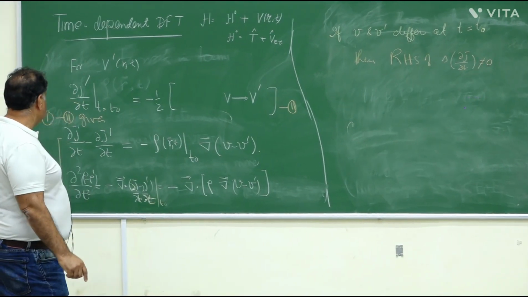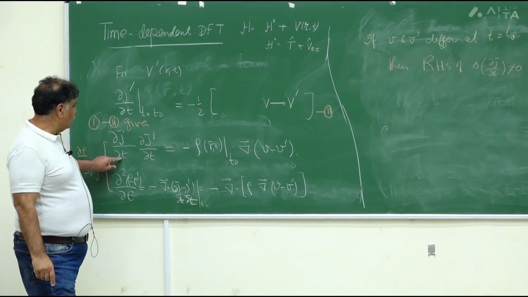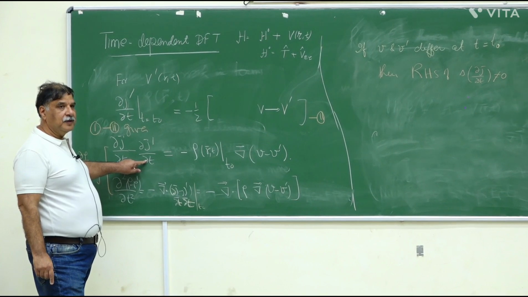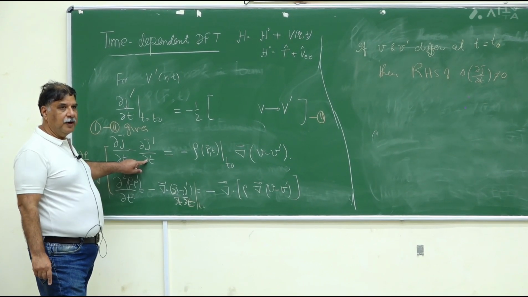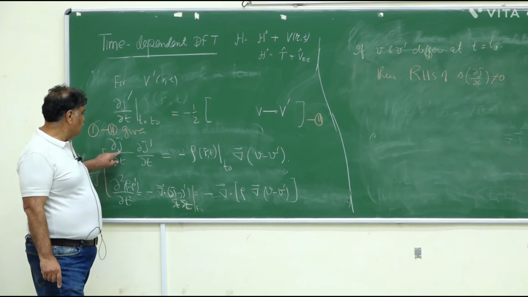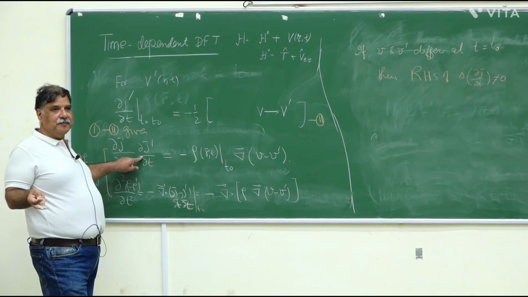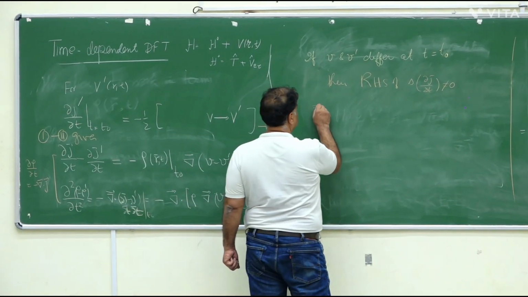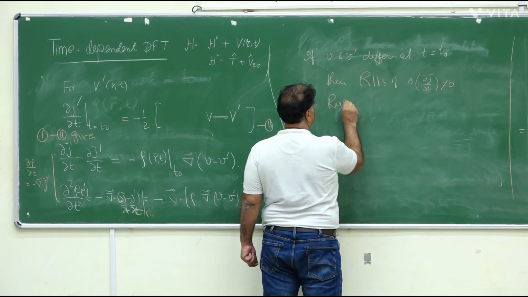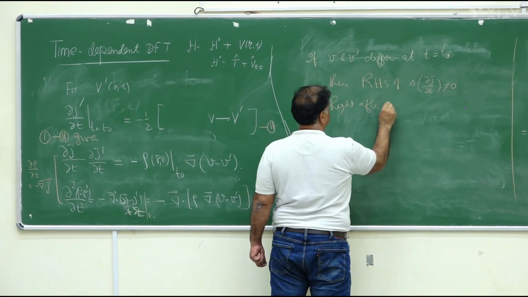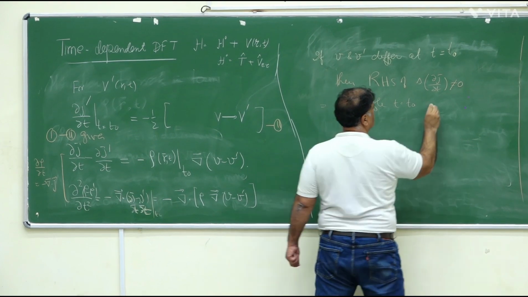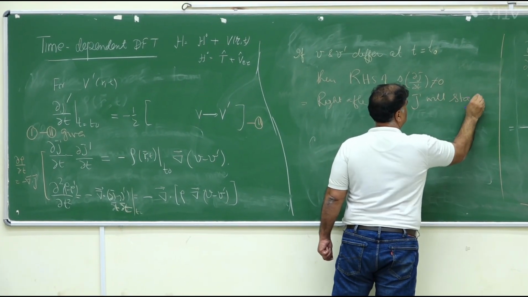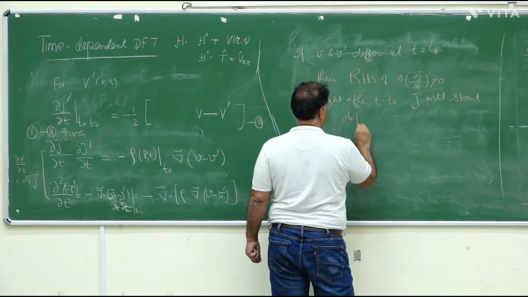Alright? So that means the derivative of j with respect to t here and the derivative of j with respect to t here is different. Right? If that is the case, then the j's will differ immediately after. This means right after t equals t naught, j will start differing.